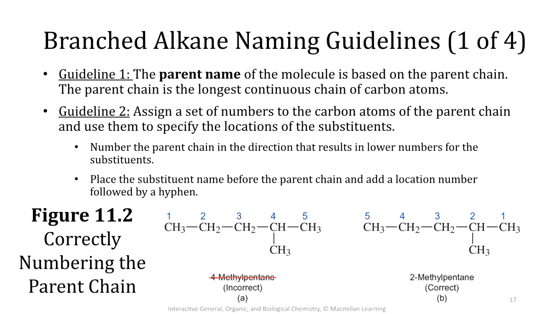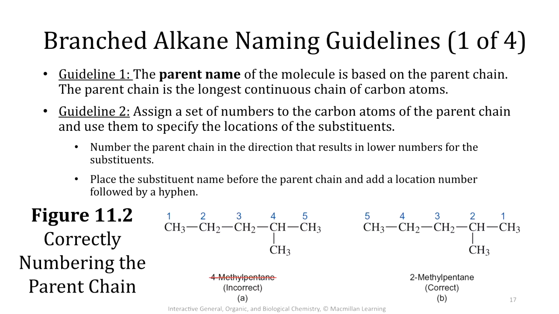We've got a branch off of the second to last carbon, so we could number it 1 to 5 where the branch was at 4, but we could also number it where the branch is at 2, and that's the correct way to do it. You give it the lowest number. That's the accepted formalism, and so that is what you should do to communicate properly.